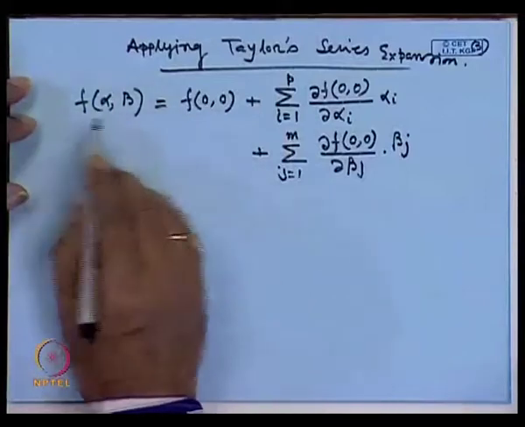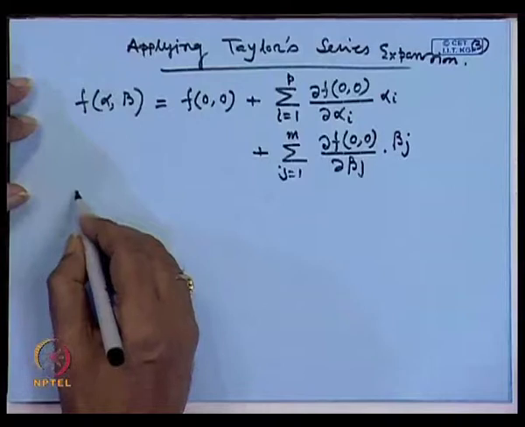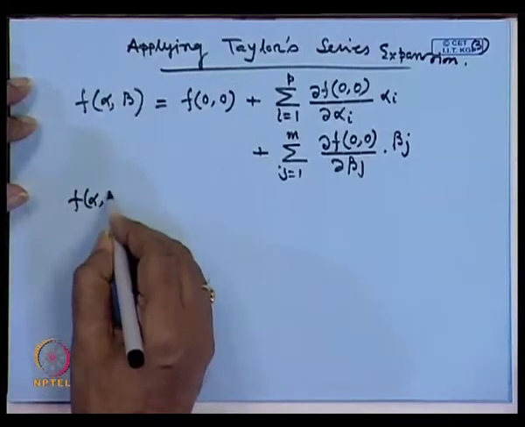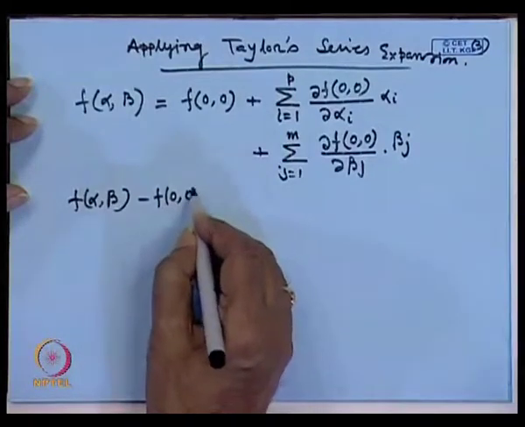This gives the change in the value of the cost function, f of alpha beta minus f of 0.